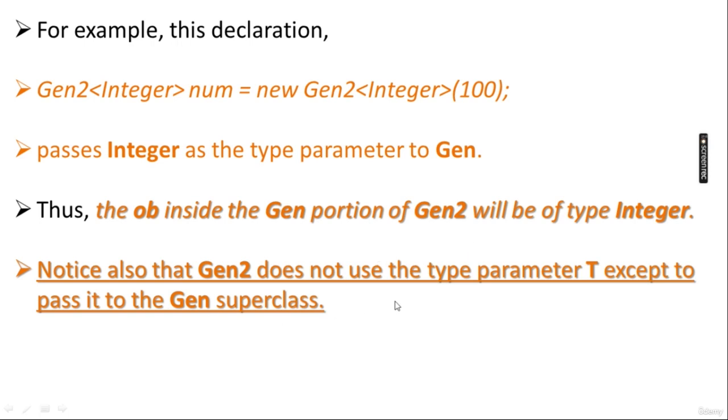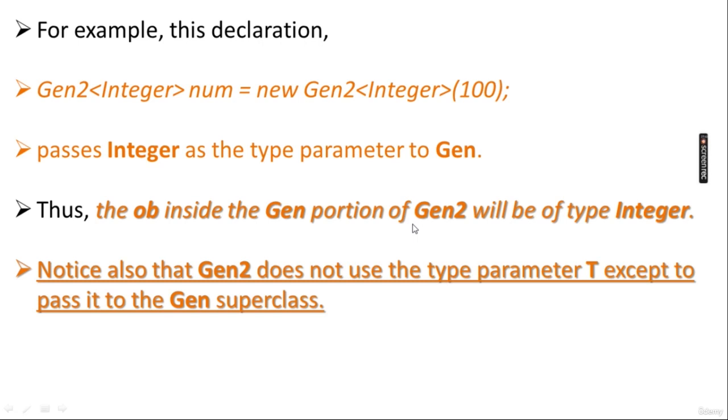Notice also that Gen2 does not use the type parameter T except to pass it to the generic superclass. The ob inside the Gen portion of Gen2 is of type Integer, and Gen2 does not use the type parameter T except to pass it to the generic superclass. So this type T will be used only to pass it to the base class, Gen.